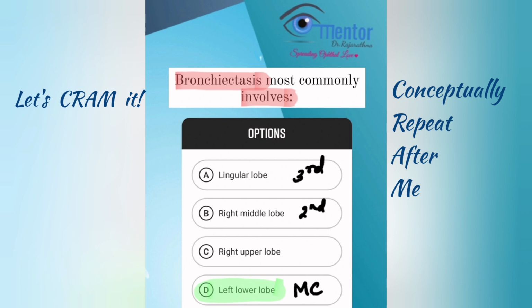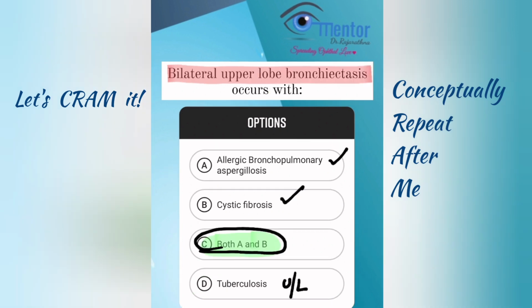Left lower lobe, followed by right middle lobe, and then the lingula. Now, unilateral upper lobe bronchiectasis: the most common cause is tuberculosis. However, if you see bilateral upper lobe bronchiectasis, look for cystic fibrosis or ABPA. What is ABPA? Allergic bronchopulmonary aspergillosis.